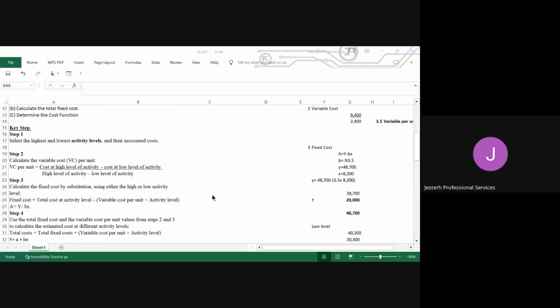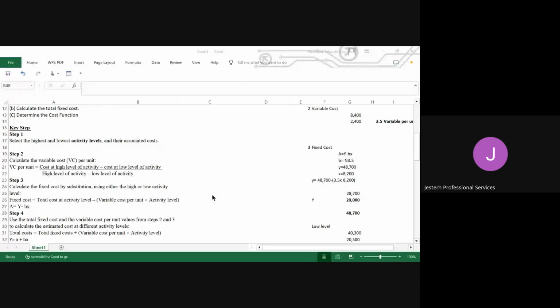High and low method. Why high and low method? We use high and low method to separate our costs when we are given a mixed cost. What is mixed cost? Mixed cost comprises of variable costs and then the fixed costs. How can we separate it?